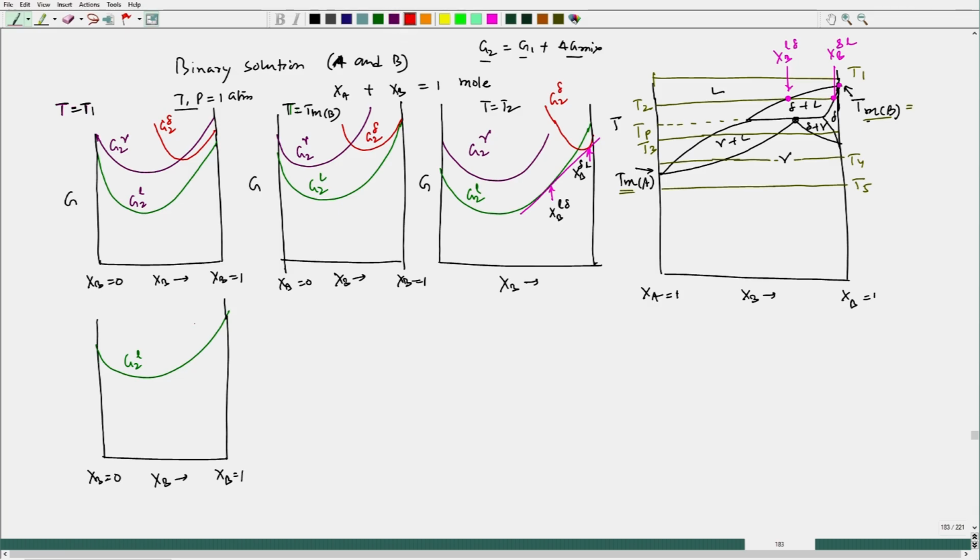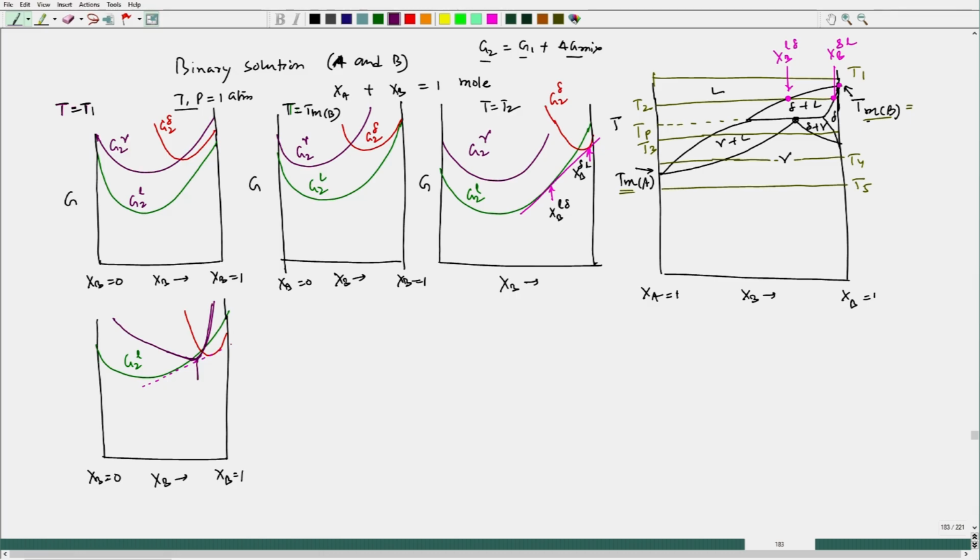So, this is the delta, and we have now one more phase, which is the gamma phase. Let me first draw a common tangent, and the gamma phase will actually go through this. So, this is the gamma phase which is coming up.